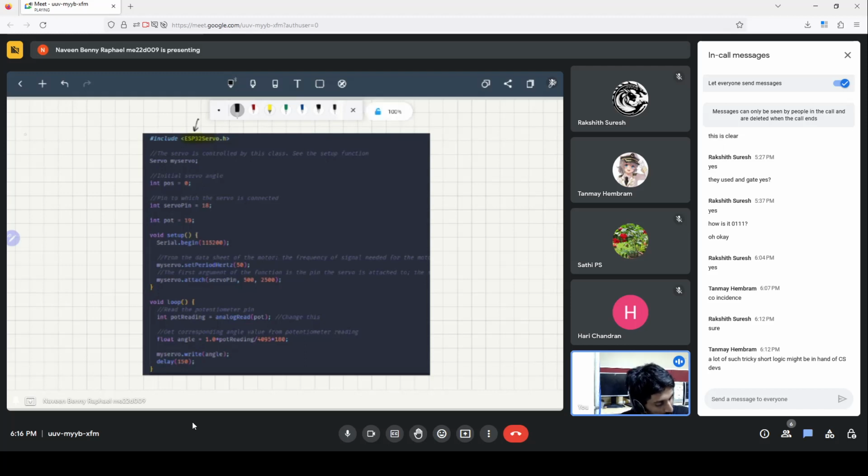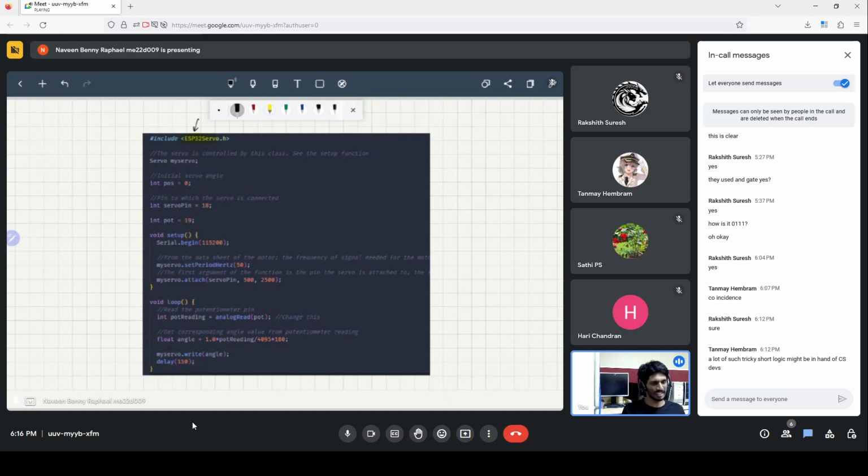The potentiometer had a range of 270 degrees, and the servo had a max range of 180 degrees.